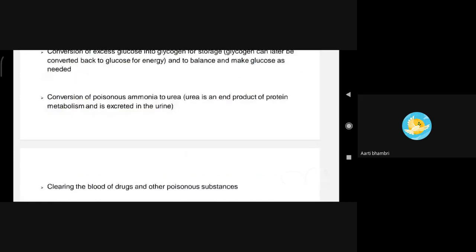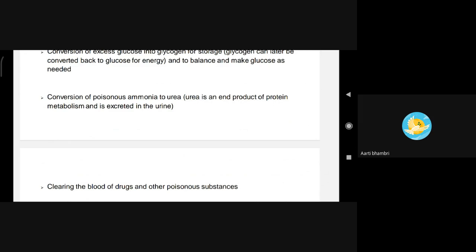Then, conversion of poisonous ammonia to urea. Urea is an end product of protein metabolism and is excreted in the urine. Conversion of poisonous ammonia to urea means our body produces so many waste materials, and those waste materials should be excreted from the body, and one of those is urea, that is made from poisonous ammonia.